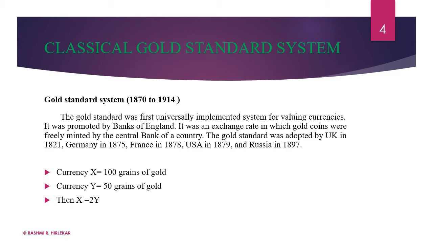It was promoted by Bank of England. Gold standard was an exchange rate in which gold coins were freely minted by the central bank of a country. The gold standard was adopted by UK in 1821, Germany in 1875, France in 1878, US in 1879 and Russia in 1897.